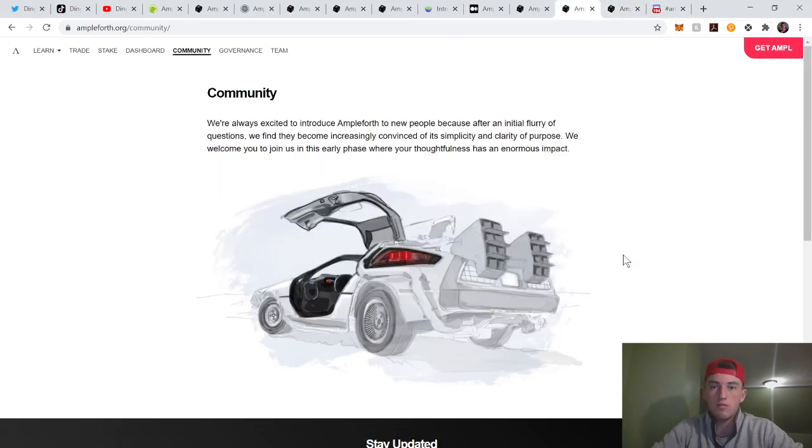But anyways, I've been trying to do this lately with my videos, to show you guys a way to get involved in this community if you would like to. So if you want to stay updated, obviously, here's the team as well.